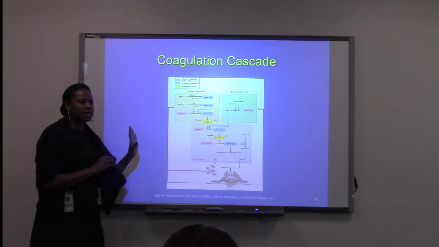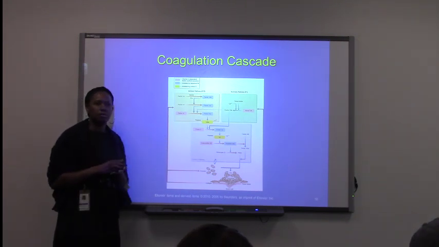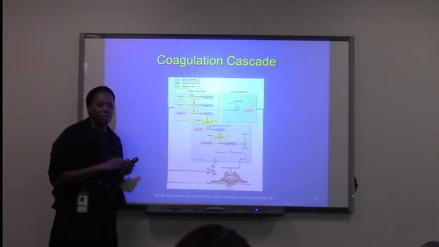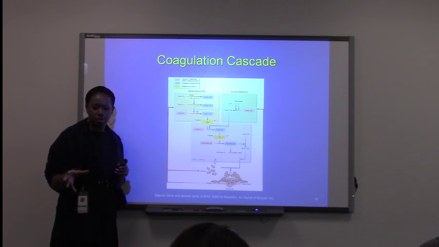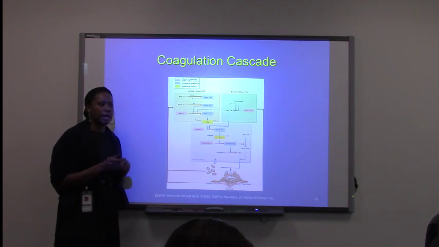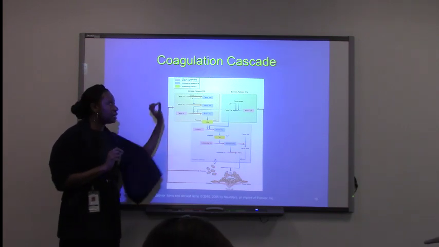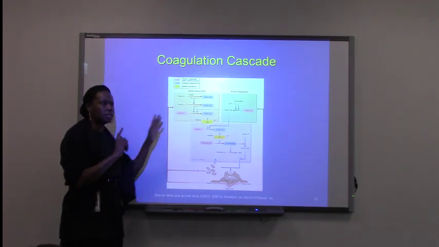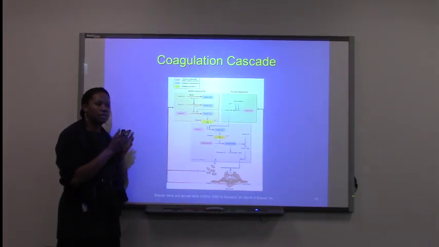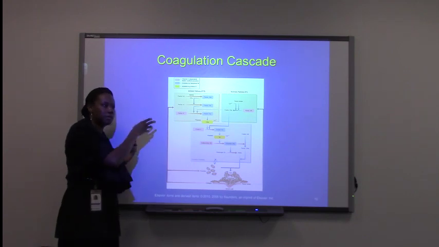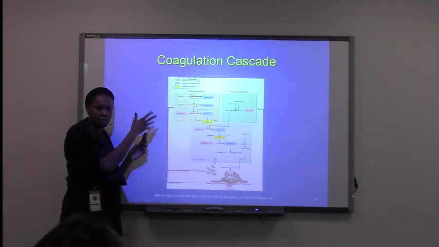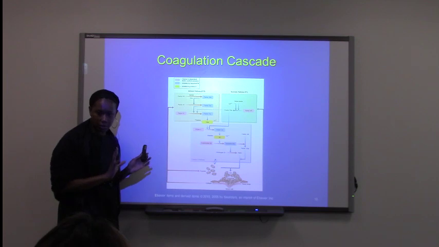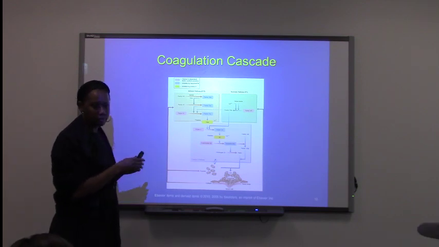Not only will you be tested that way, but we're going to get to, I think, 2 or 3 more laboratory tests. We have laboratory tests that just test the intrinsic and ones that just test the extrinsic, okay? So when you get a test result from that, you have to figure out, okay, well, this could be factor 5, 10, or whatever. So this is how you have to work it.